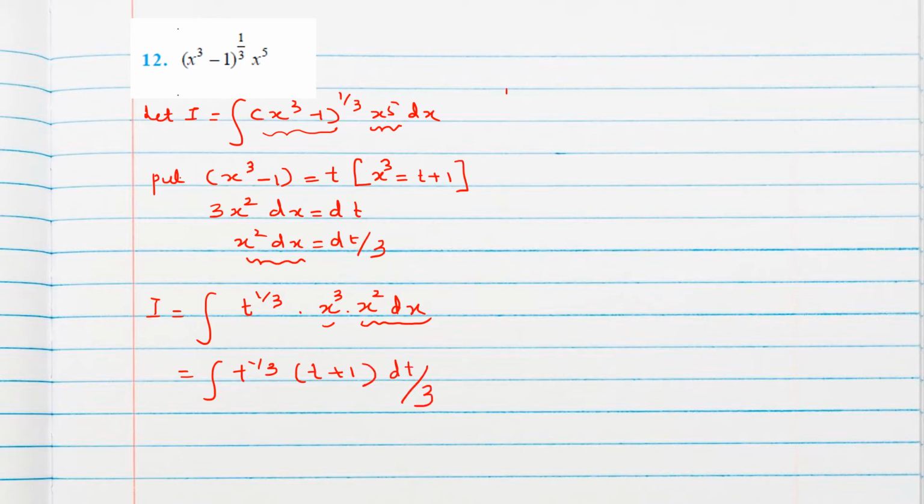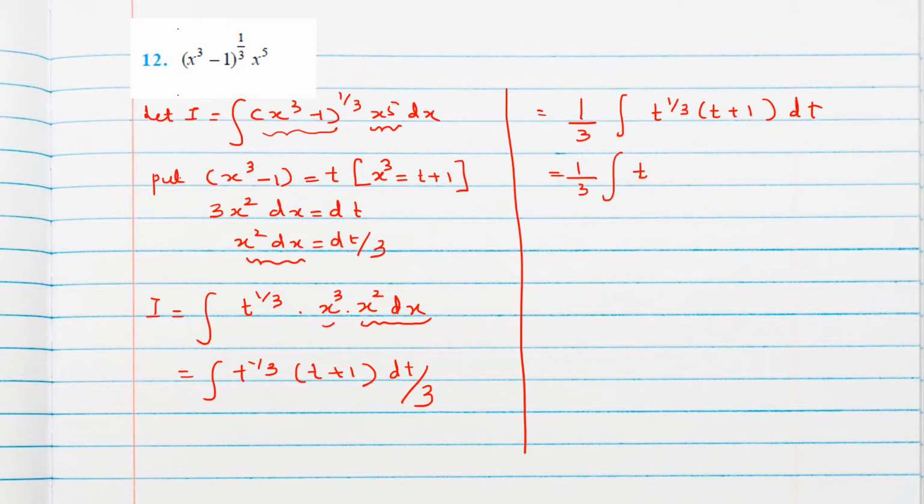After further simplification, 1 by 3 we can take out, t to the power 1 by 3 into bracket t plus 1 dt. Before separating the integration, we can multiply the bracket: t to the power 4 by 3 plus t to the power 1 by 3. So 1 by 3, now separate the integral.